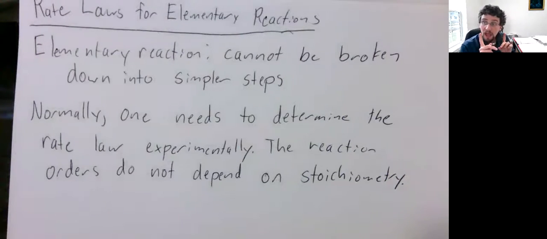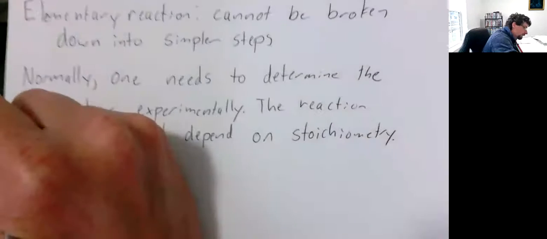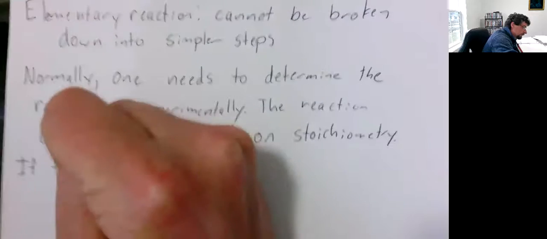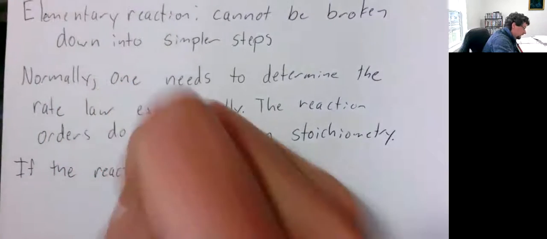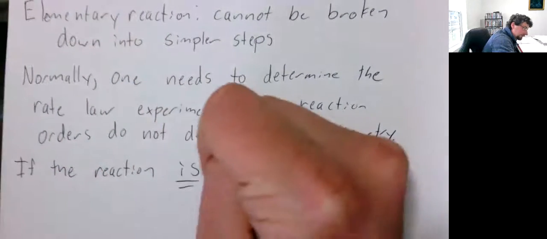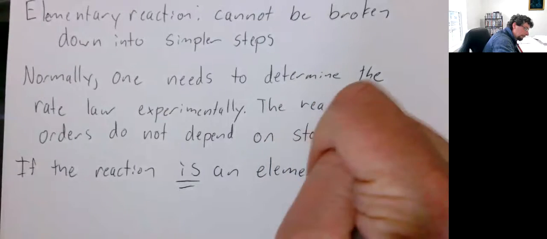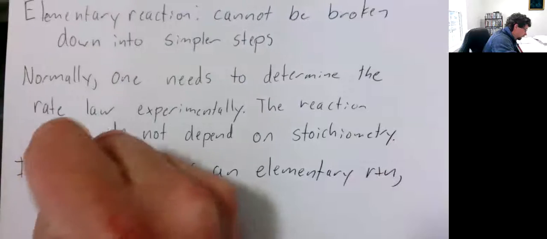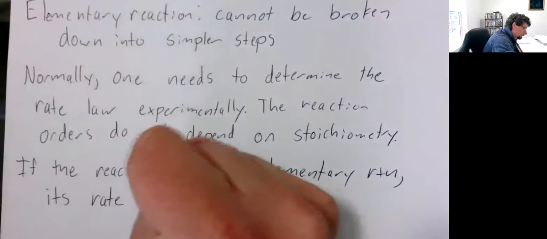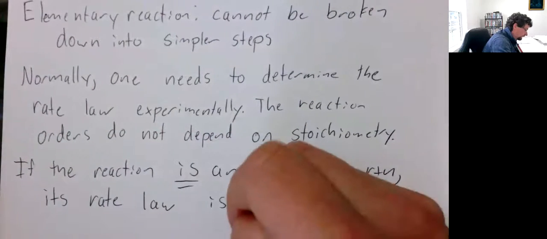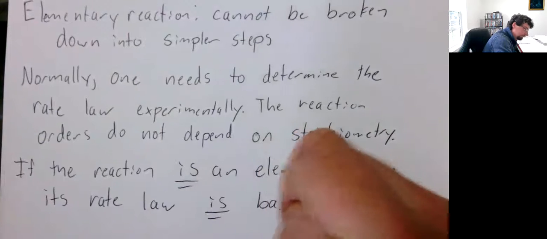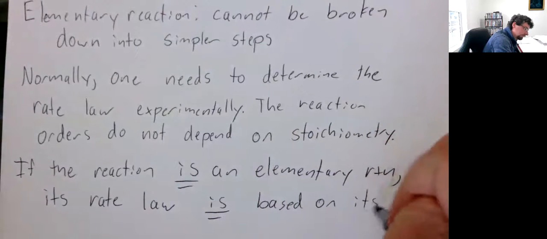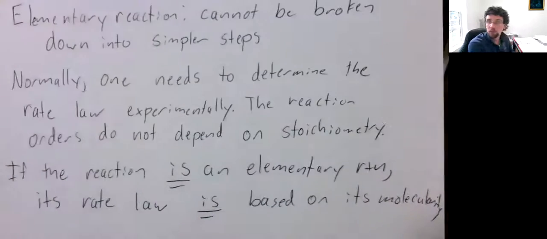However, if the reaction is an elementary reaction, this changes a bit. If the reaction, the one that we're questioning, is an elementary reaction, its rate law is based on its molecularity, or those coefficients.